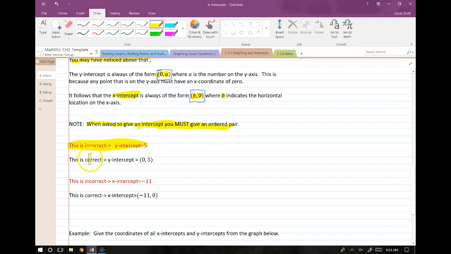The y-intercept happens at (0, 5), that point in the plane, right? And so it is incorrect to say the y-intercept equals a single number. It has to equal an ordered pair. The same is true of the x-intercept, right? You can see here, if I say x-intercept equals -11, that doesn't actually make any sense. I have to say x-intercept equals the point (-11, 0), because that tells me where it is in the plane.